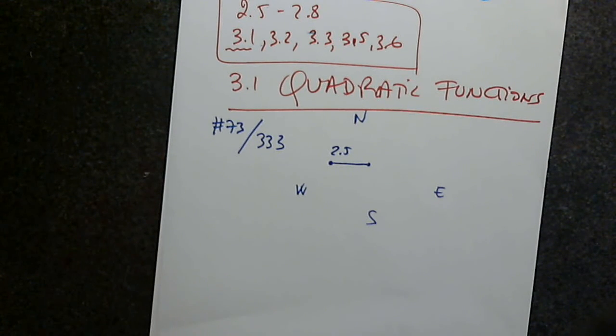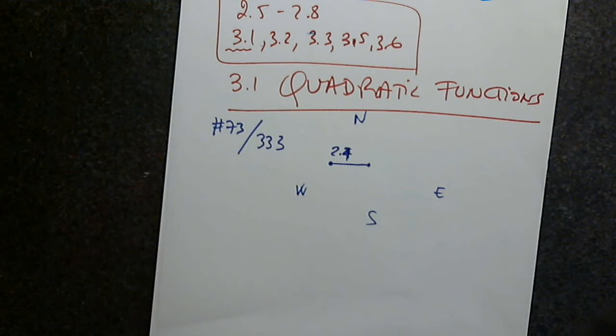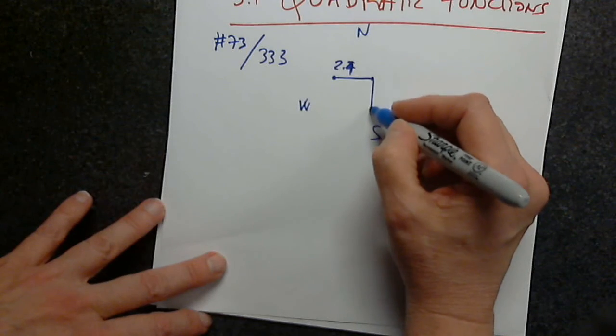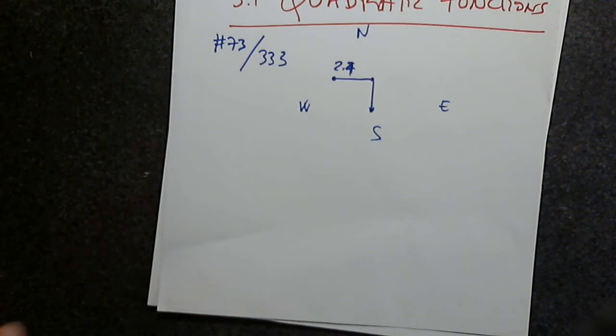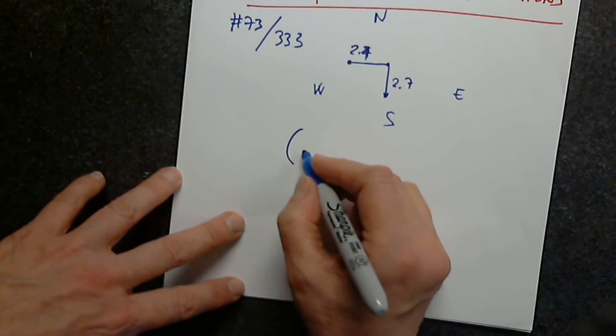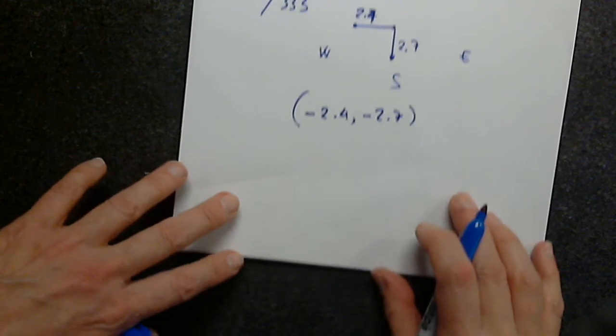Should that be 2.4 instead of 2.5? Oh, it is 2.4. Sorry. That's fine. So west 2.4 and south 2.7. So we are talking about the point negative 2.4, negative 2.7.